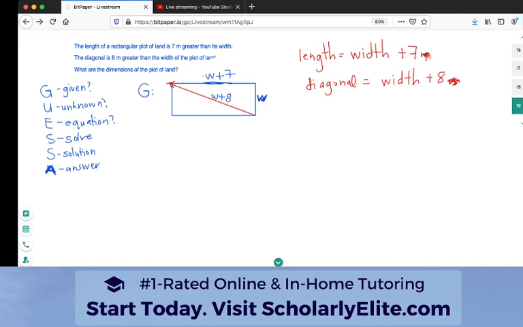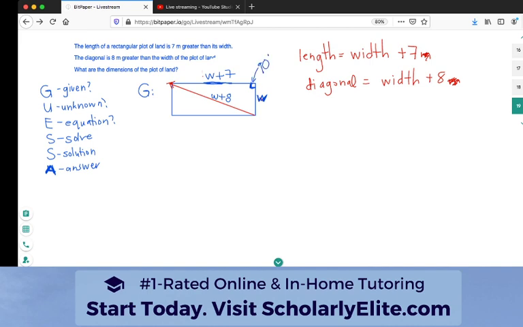Okay, so the first thing I say to myself in a situation like this is, well, what rules do I know that can apply to this situation? Well, I know that when I take a rectangle and I slice it in half like this, I automatically am creating two triangles, both of which are right angle triangles. This here is 90 degrees.